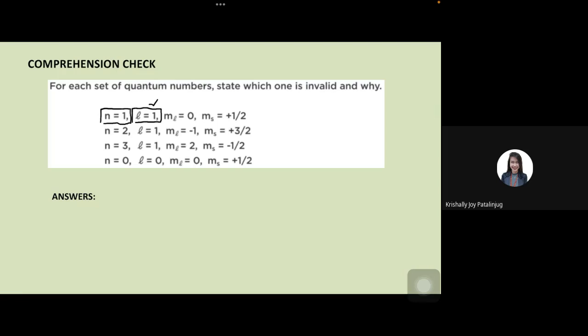If the given is 1 for the n value, do you also get the L value of 1? This is false. This is invalid, because remember, if n is 1, to get the L value, it should be from 0 to n minus 1. So you substitute 1: 1 minus 1 is 0. So only 0. The L value should only be 0. So this is invalidated. The rest are correct.